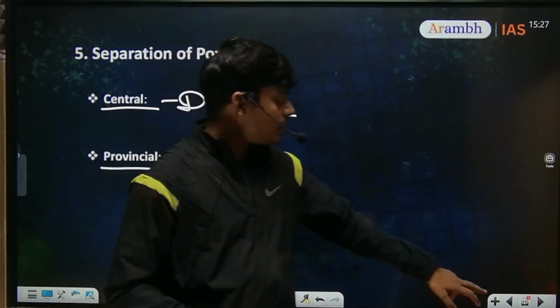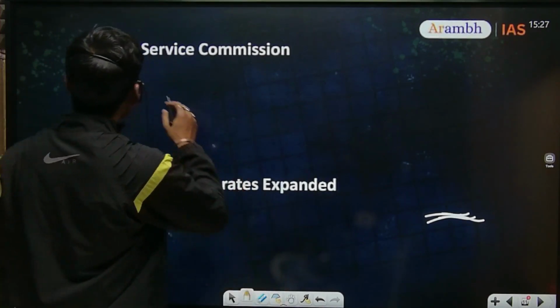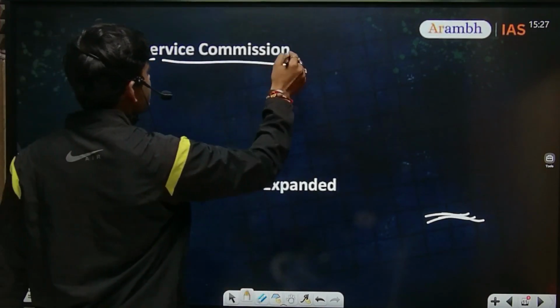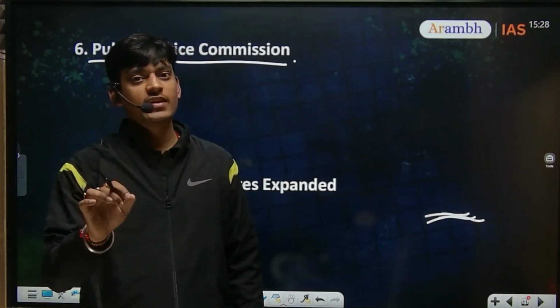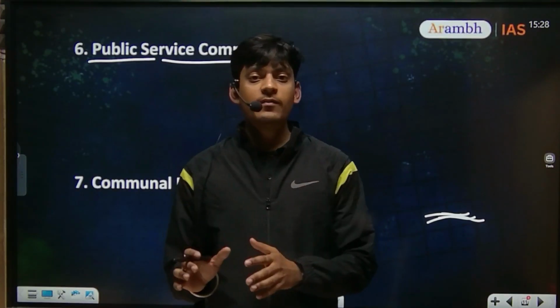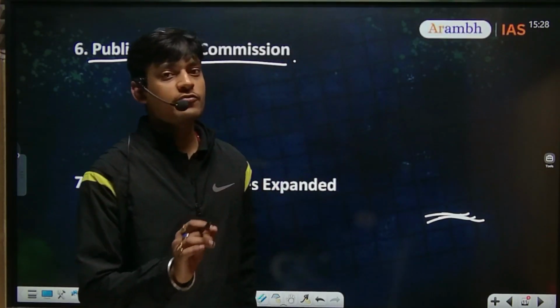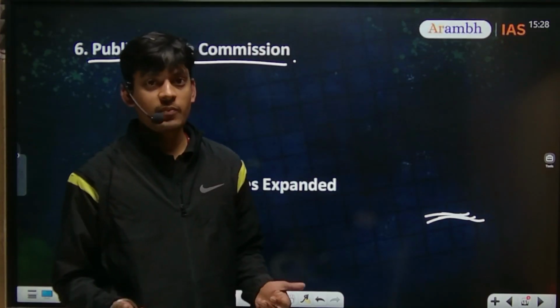Now we will come to the sixth point, and the sixth point is Public Service Commission. Understood? A public service commission was set up to recruit for civil services through exams. Later, it became the Federal Public Service Commission in 1935. And today, UPSC, like we are preparing for UPSC.